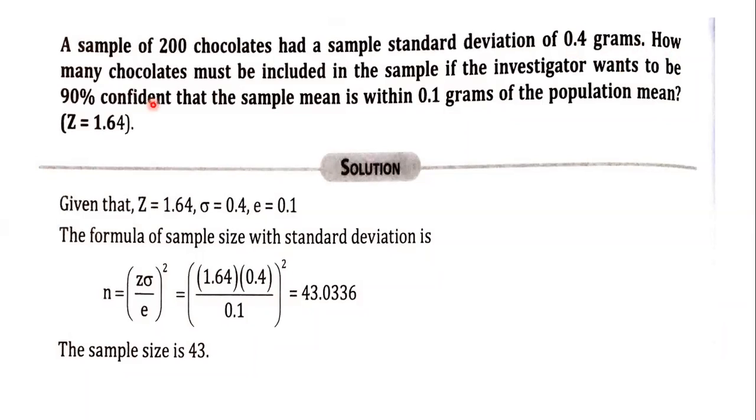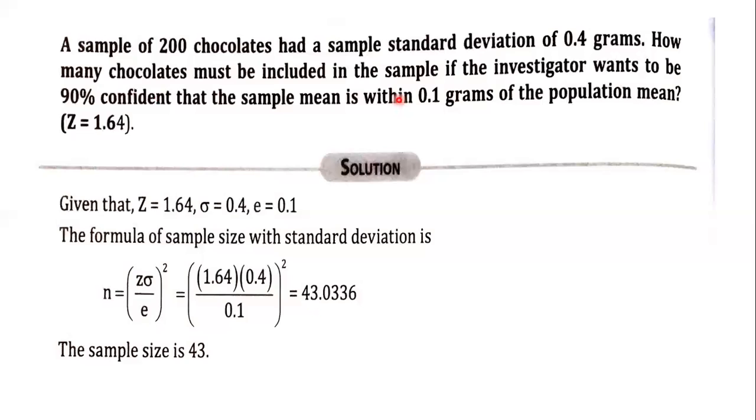How many chocolates must be included in the sample if the investigator wants to be 90% confident that the sample mean is within 0.1 grams? So we are very confident about what the result will be. We are saying that we are 90% confident that the result is going to be within 0.1 grams.